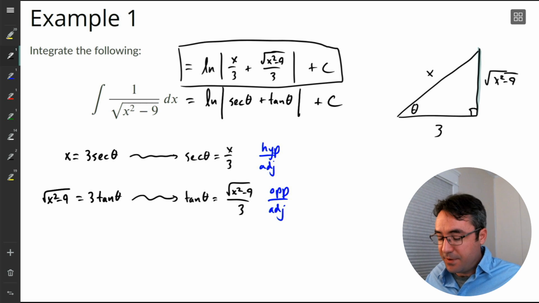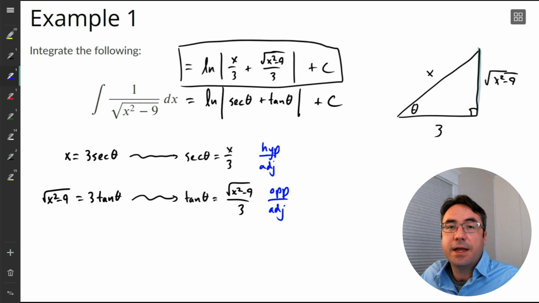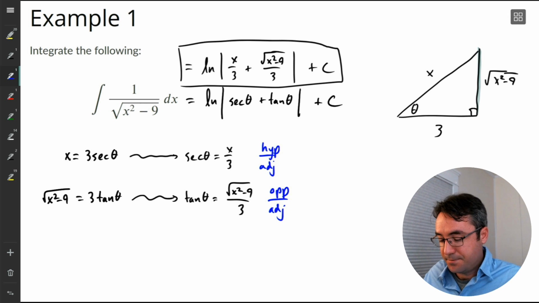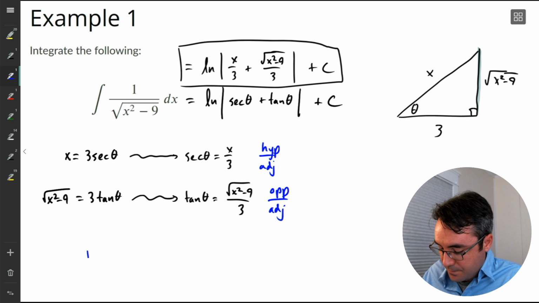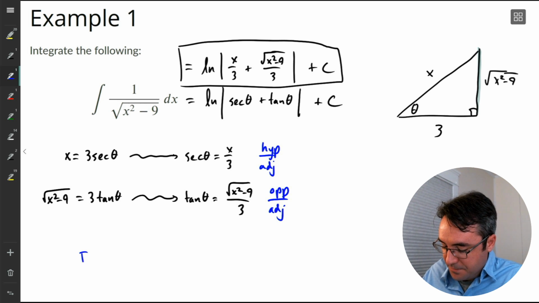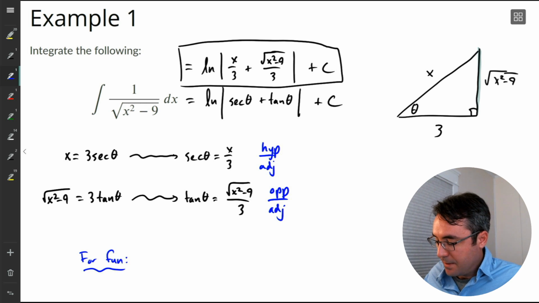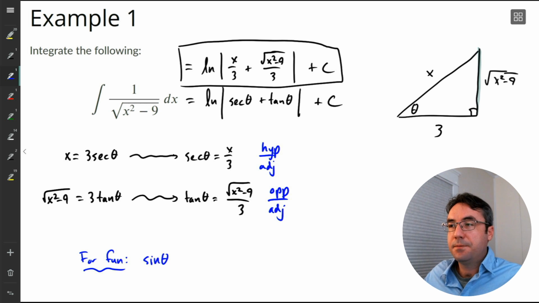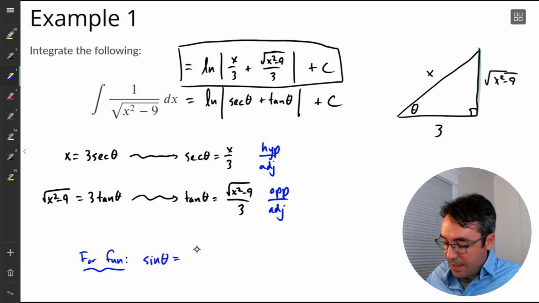We're going to see how to use this right triangle in more examples. But just for the fun of it, let's say we went through all of this integration and our antiderivative had a sine in it. So let's just say, for fun, how would we convert? What would sine of theta be? Well, we would look at our triangle, and we know sine is opposite over hypotenuse.